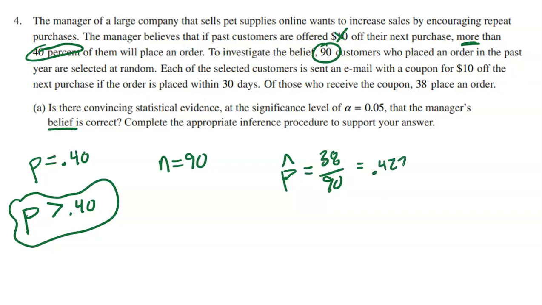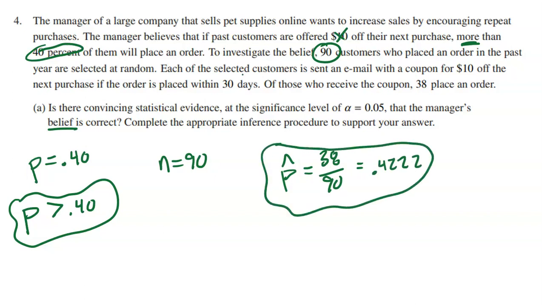So 0.4222, a bunch more twos. But that is a p-hat. So here is essentially the question. Oh, by the way, this 30 days thing is another number you don't need. That 30 days is just there to try to trick you up. I hate that they do that. But that was just the time that you have to use the coupon. To my statistical analysis, that doesn't mean anything.